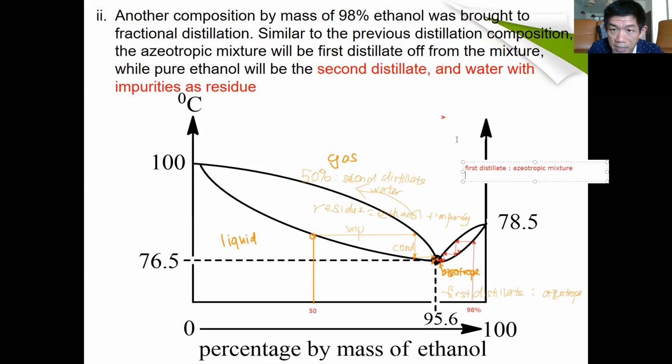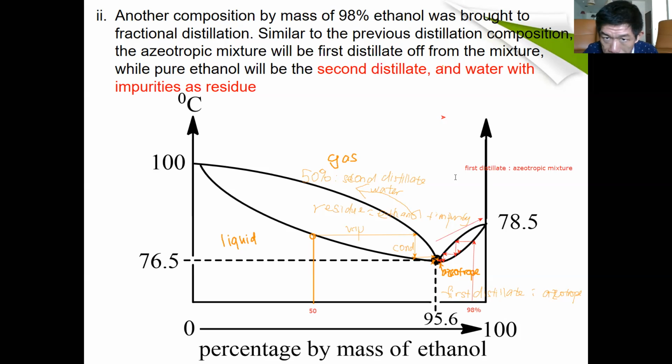Whereas in here, you see our graph, our diagram, is biased to the right, isn't it? So when it is biased to the right, as a result, when you continue to fractionally distill, we shall have a second distillate.